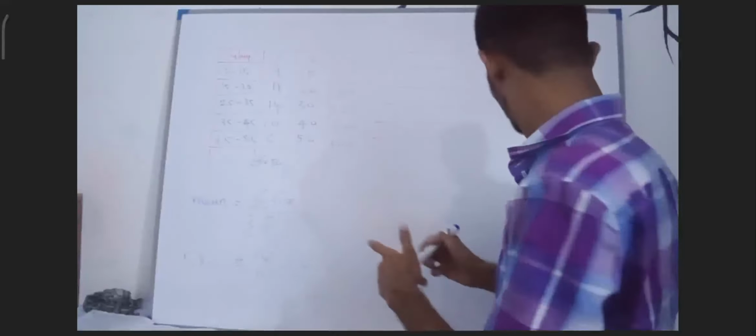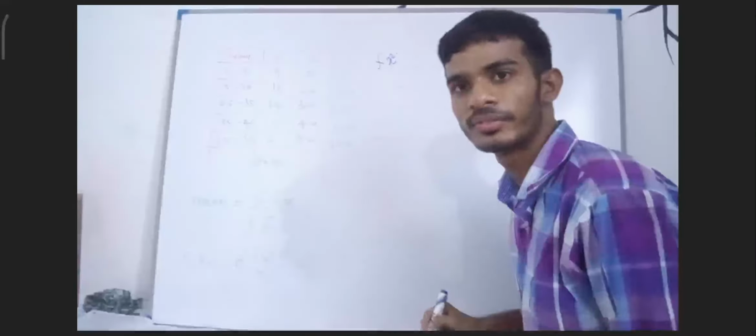So I have to find fx squared also. fx squared is equal to x into fx, so you just multiply the x column and the fx column.